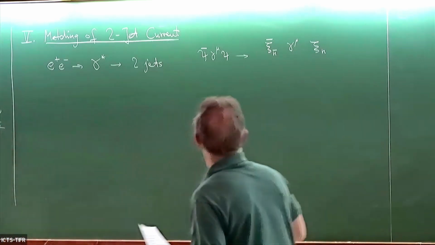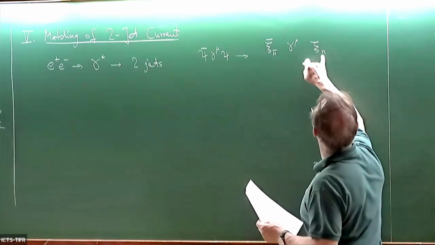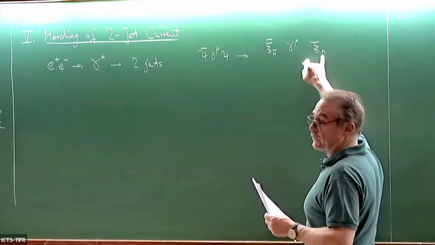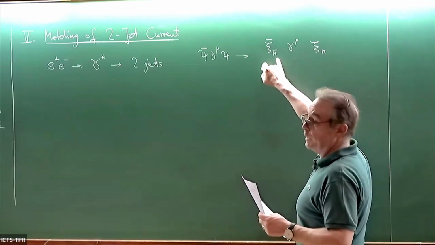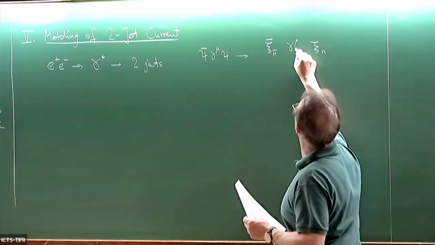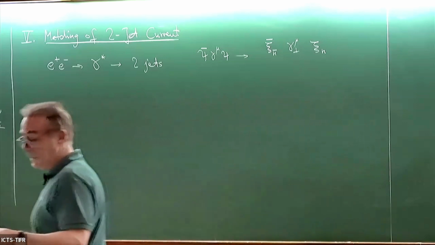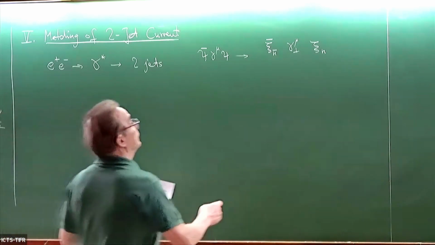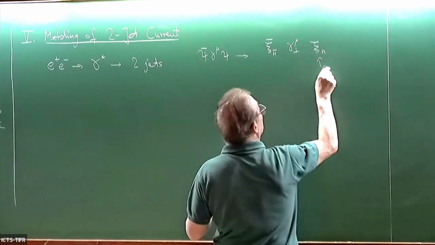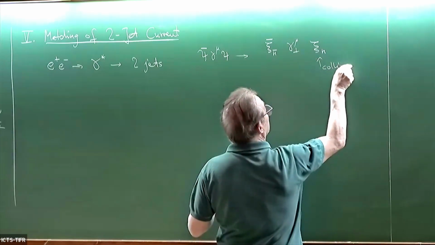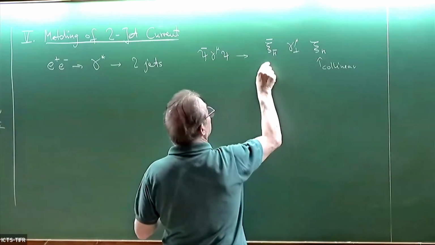There is a term with n slash that is killed by this spinor. There's a term with n bar slash that is killed by this spinor. So the only part of gamma mu that survives is the perp piece. And this is the collinear quark, and this is the anticollinear antiquark.